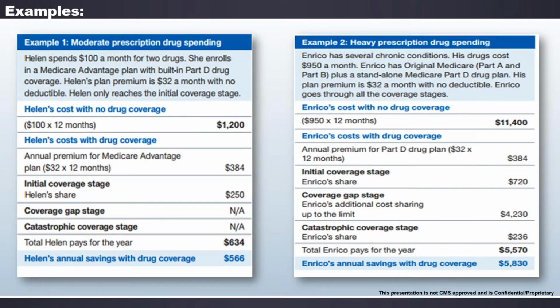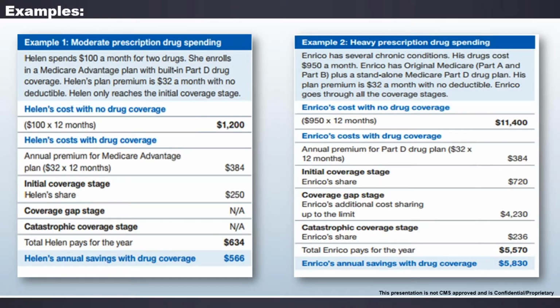Example 2 is somebody who has quite a bit more prescription needs. Enrico has several chronic conditions. His drug cost is $950 a month. Enrico has original Medicare Part A and Part B, and then a standalone Part D drug plan. His plan premium is $32 a month with no deductible.